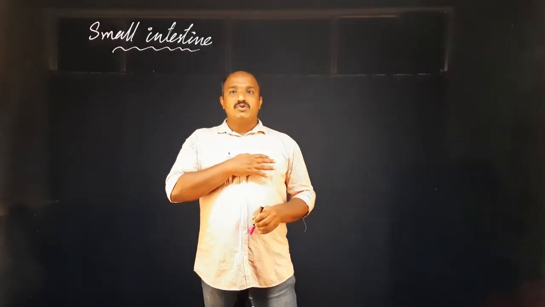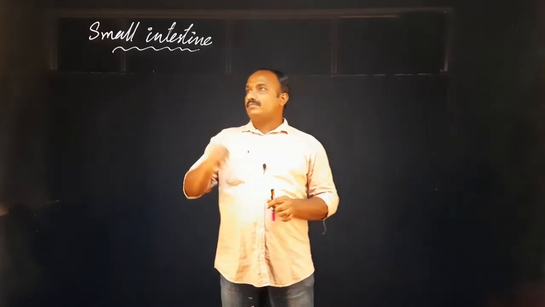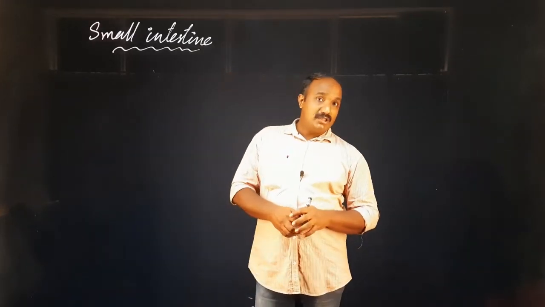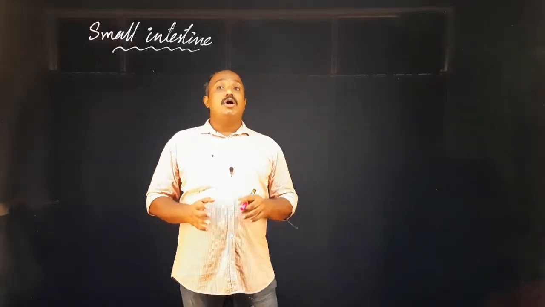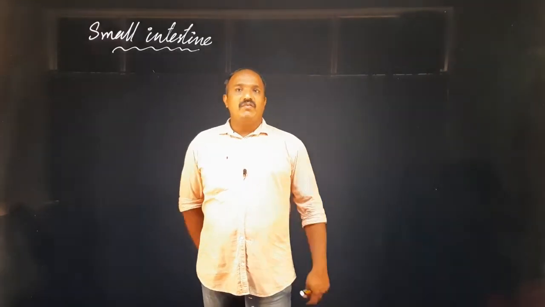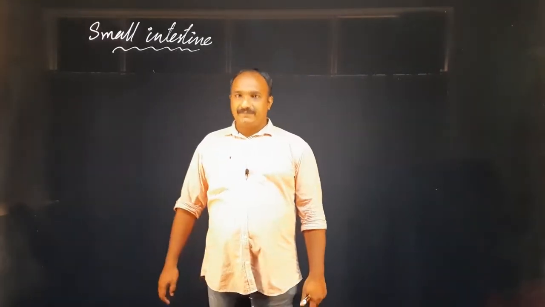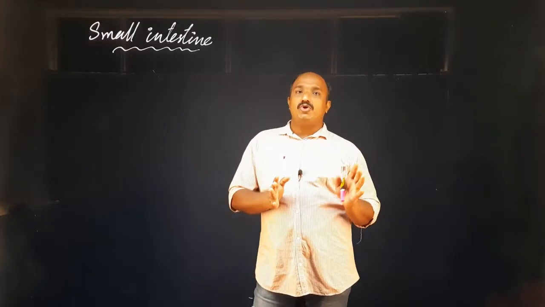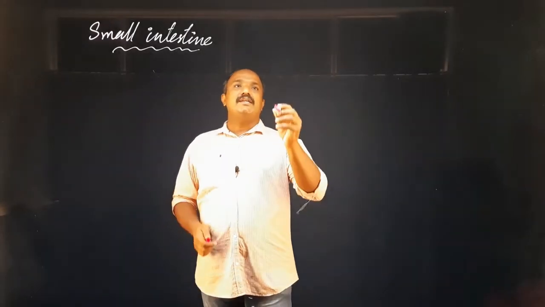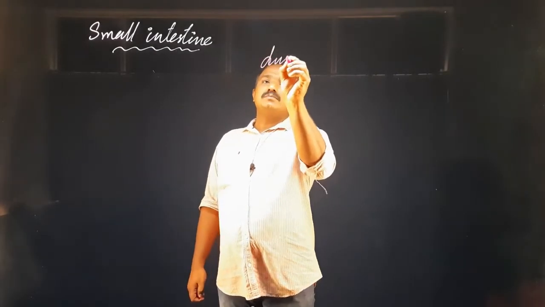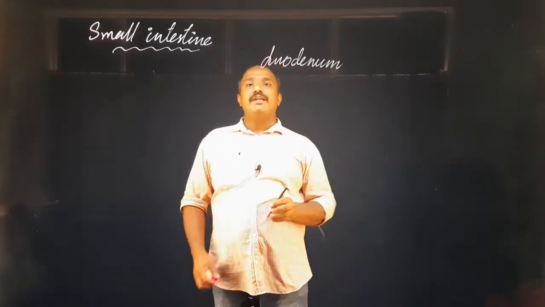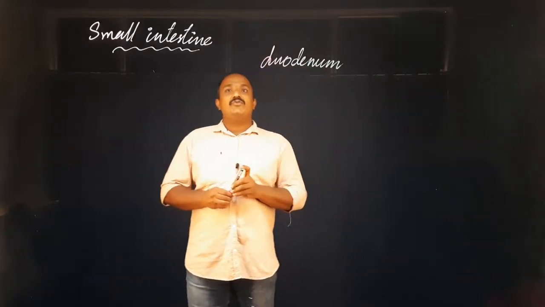Digestion in the small intestine. Look at what is happening to the food materials in the small intestine. Before saying what the chemical actions are, we want to study something in advance. The initial part, the starting end of the small intestine, is called the duodenum.